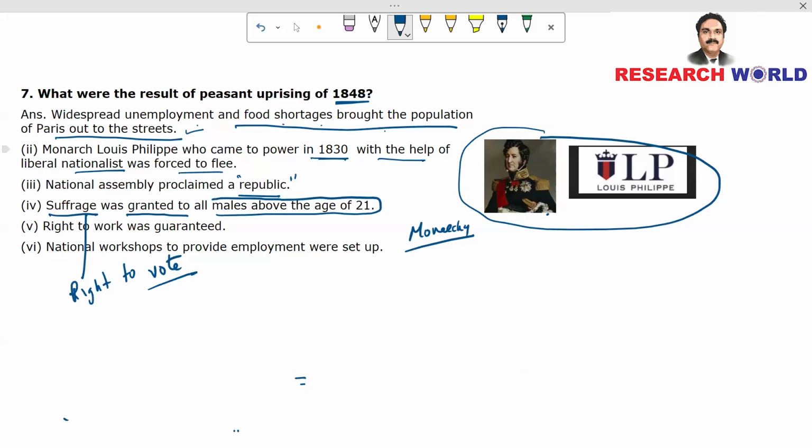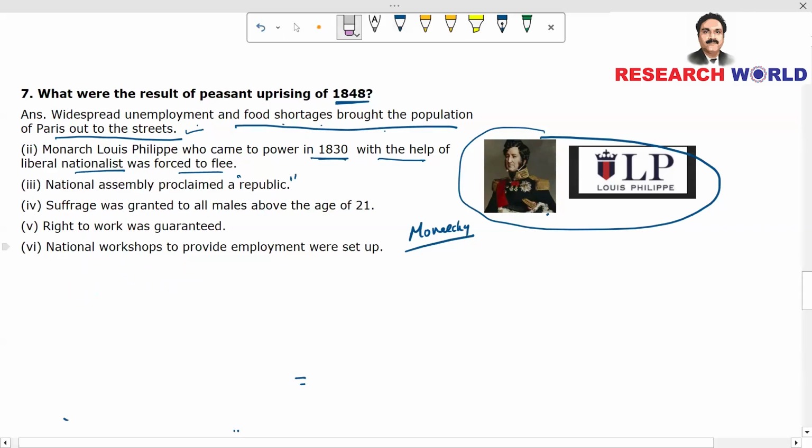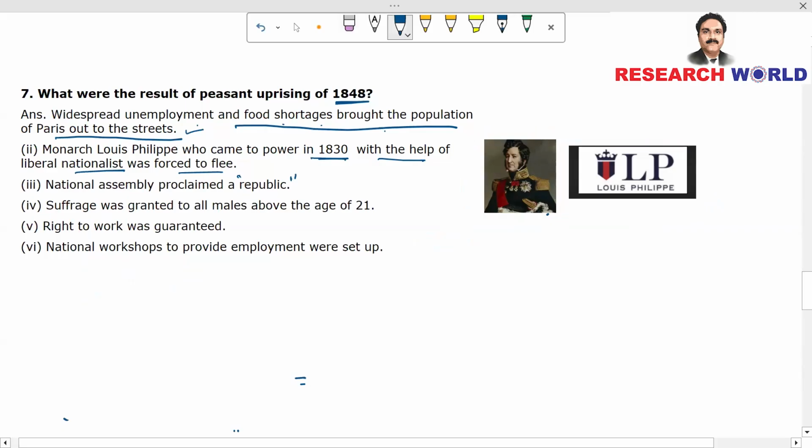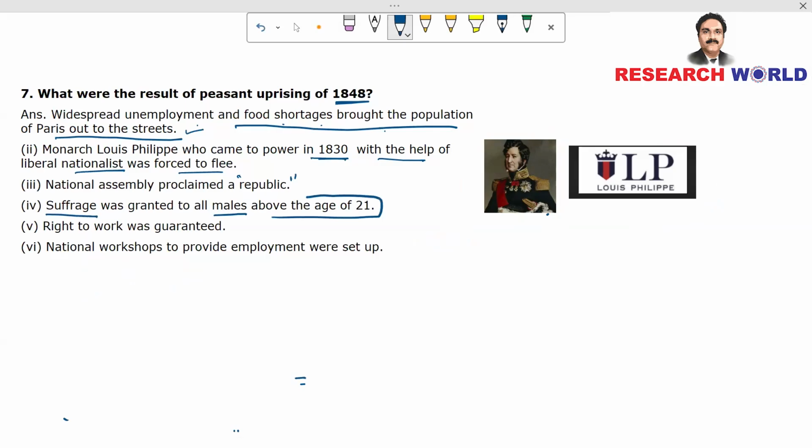Up until now, that is before 1848, only a few selected people were allowed to vote, like clergy, nobility, and some elite people. Hereafter, every male above the age of 21 will have the right to vote. Yet females were not allowed to cast their vote.